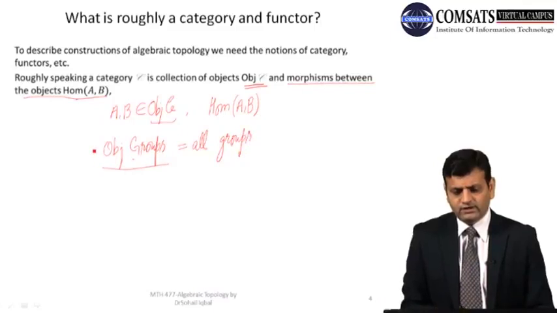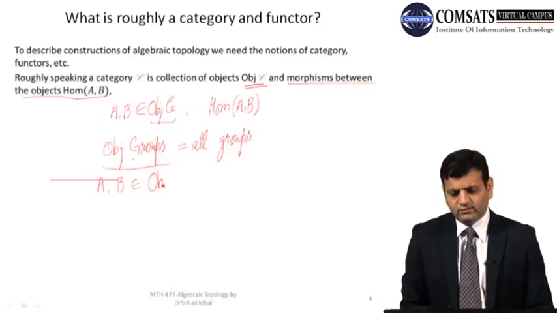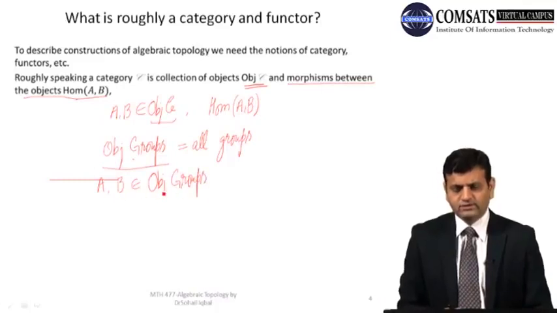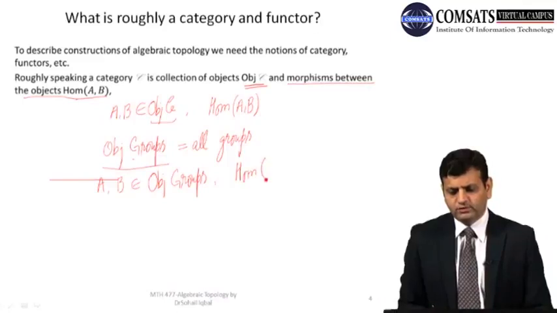If I take two objects A and B from this category, then the set of all morphisms from A to B is denoted by hom AB.